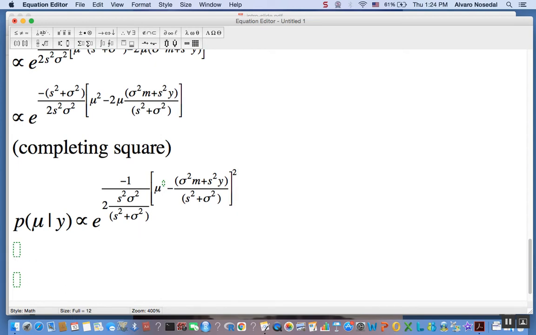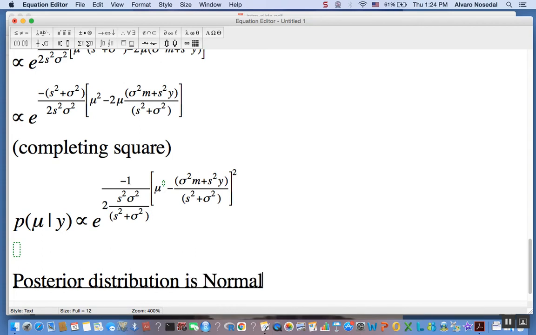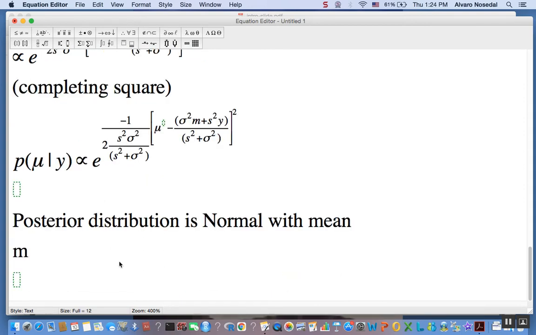So finally what we have is that our posterior distribution, and again we talked about those steps in detail, is normal with mean, let me call this guy mu star. Mu star happens to be this guy.